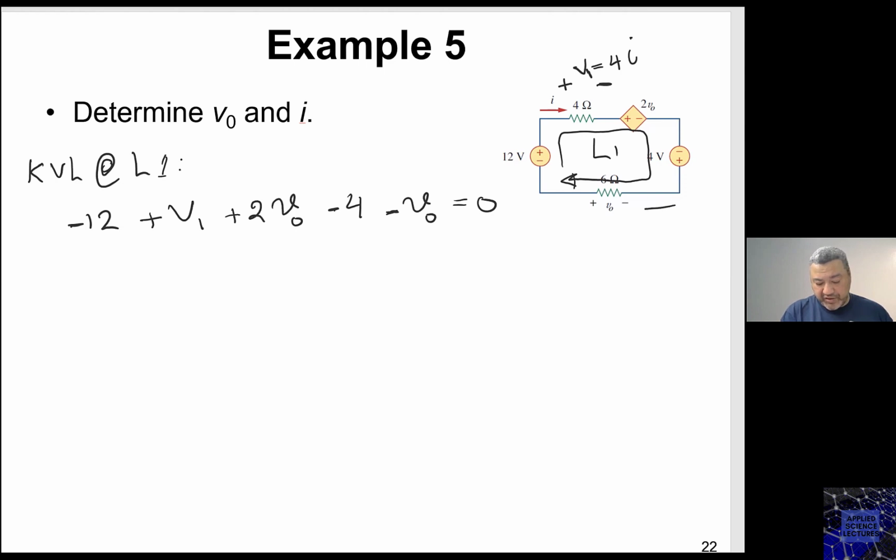Since this current is entering this way, I can come up with a relationship between V naught and I. So I know that in this case, V naught equals minus 6 times I.